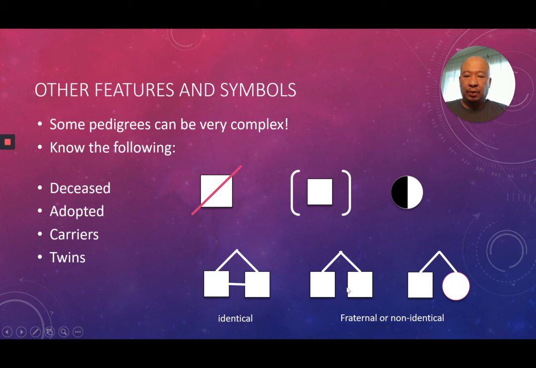Over here, again, they're not identical to each other, but they're from the same parents. They're born at the same time, so that's why their child line is kind of joined together. But you can clearly tell that these two are not identical because one's a male, one's a female. So when you have non-identical twins, there's no line connecting between the shapes, and if you are an identical twin, then you do have a line connecting in between.